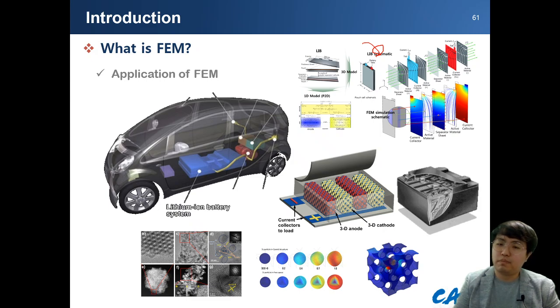Using CAD software, we can design the real battery system, then apply the mathematical equations describing the battery phenomena to obtain a solution. We can compare it to the real battery and my simulated result, and finally analyze the electrochemical behavior.